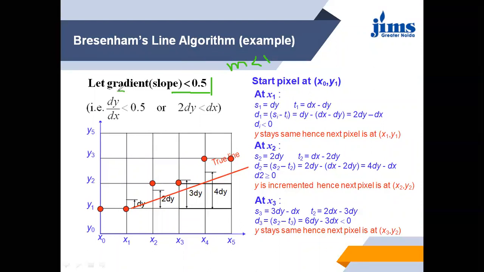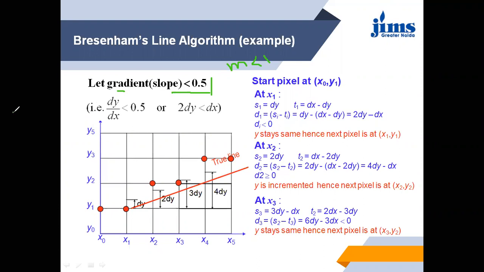From the line, this is the value of dx. We can find it out. Okay, let's start.